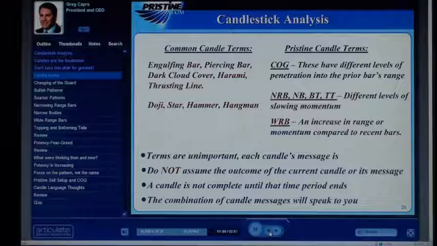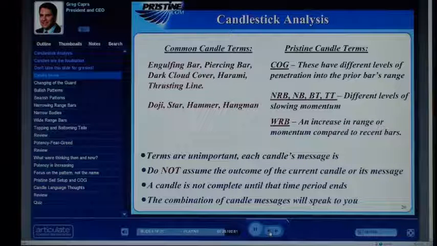Don't assume the outcome of the current candle. This is a trap. As that candle is forming, you have no idea what it's going to look like. And as we delve into this material further, you'll see exactly what I mean and how important those messages are while that candle is forming, and then what it will be at completion. A candle is not complete until that time period ends. Well, if you're looking at a 5-minute chart, you need to be aware of how much time is left within that candle's period.